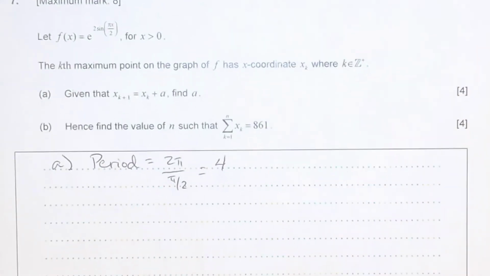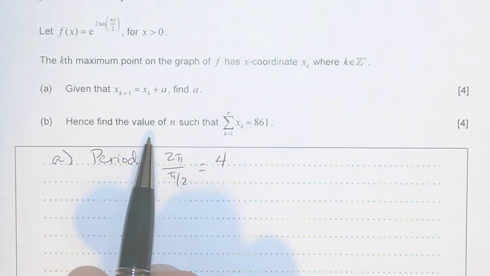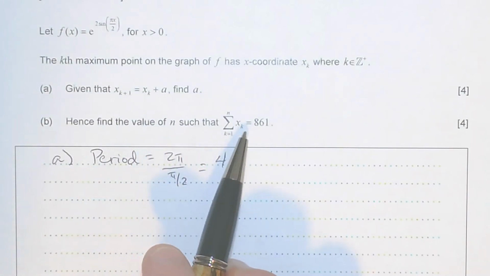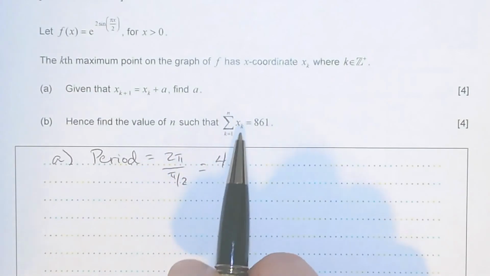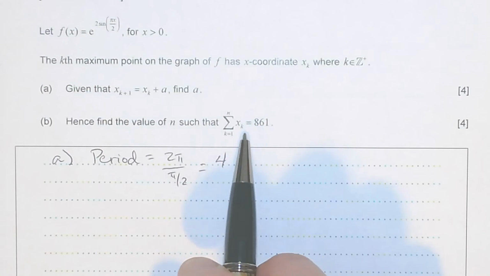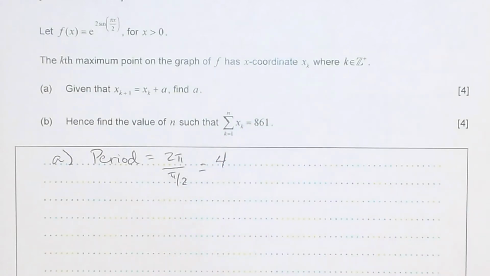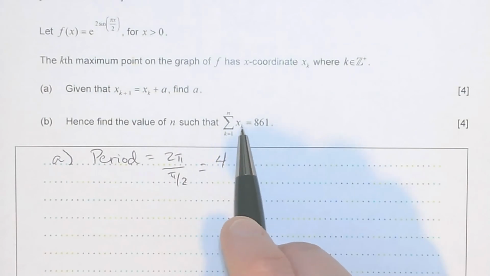Now it says, if that's the case, find the value of n such that the sum of all these x coordinates is equal to 861. Well, that's interesting. So first off, notice that I'm going to plug in a 1 and then a 2 and so on, right?